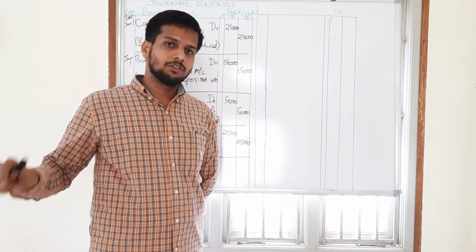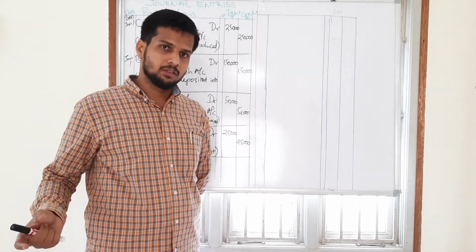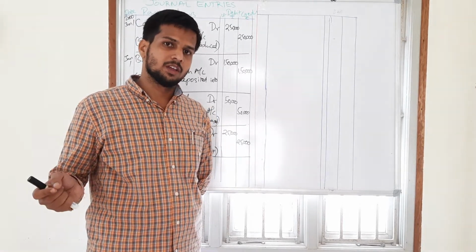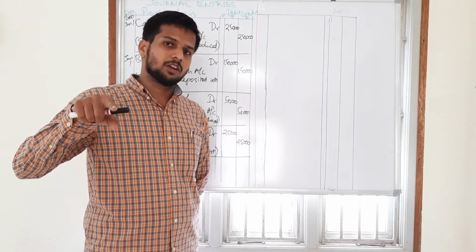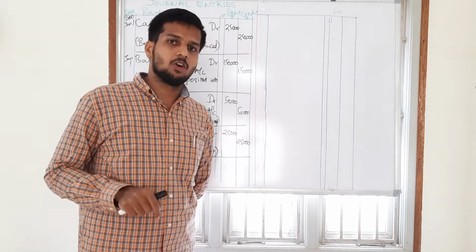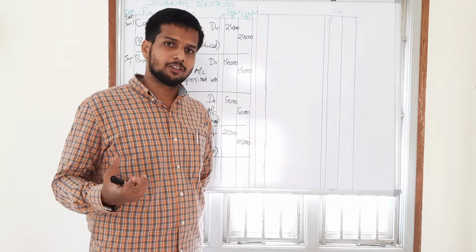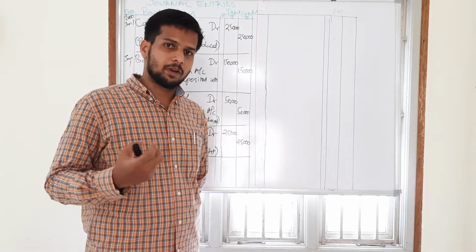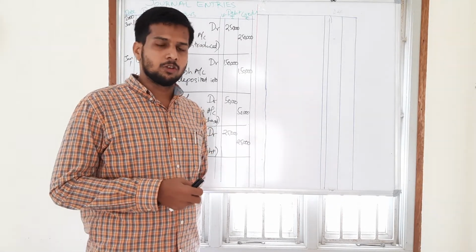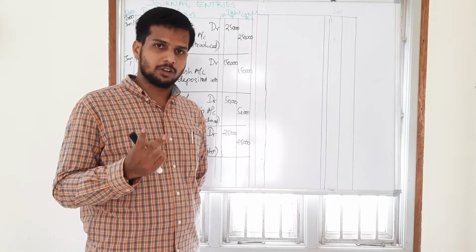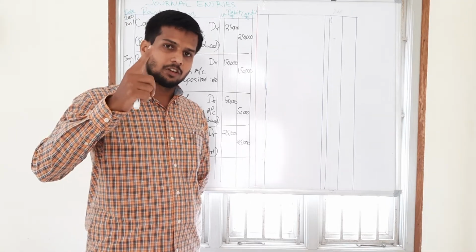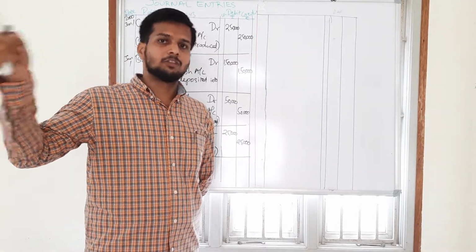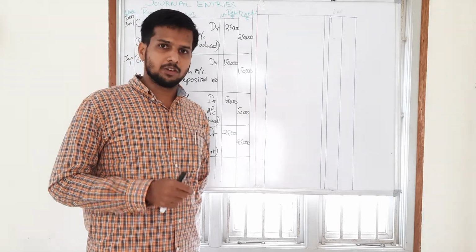But if the name of the buyer is given, goods sold to Yashoda, it signifies that the transaction happened on credit. So it should be assumed that the transaction happened on credit basis. The two accounts affected here are the sales account and the Yashoda account. The name of the person is affected.